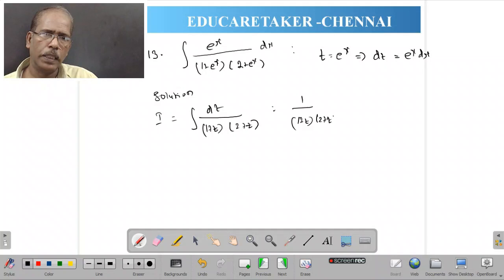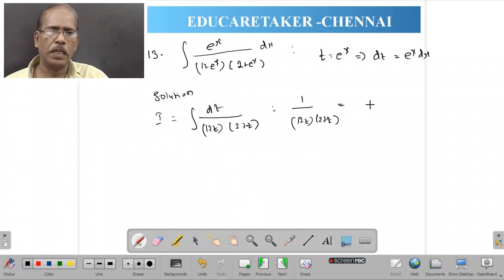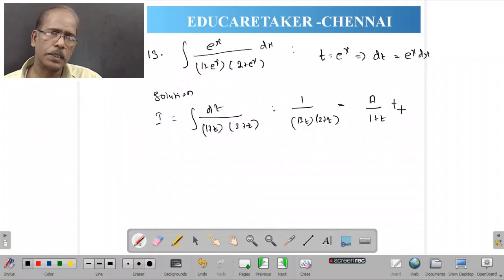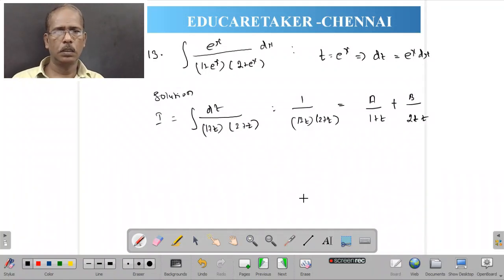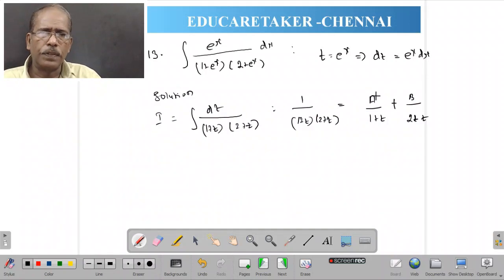There are two linear factors in the denominator, so we have to give two simple partial fractions with linear denominators: A over 1 plus t, one of the partial fractions, and another one B over 2 plus t. We need to find A and B.